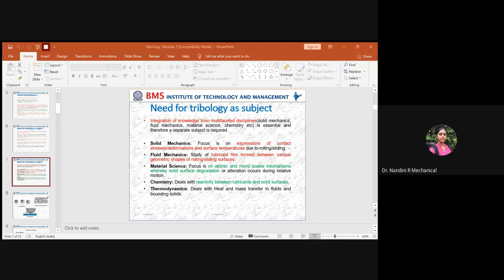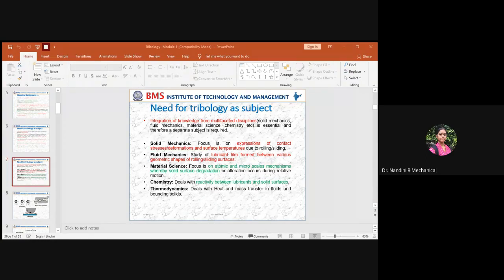Similarly, material science and chemistry help in determining the morphology of the surface as well as the reaction coming into the picture between the surface and the lubricant you have applied. And fluid mechanics: when the roller is sliding or moving and you have the lubricant layer in between, how the process takes place will be understood by using fluid mechanics. So this is about the need.